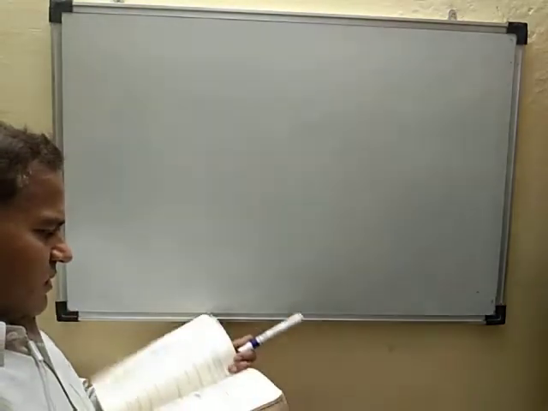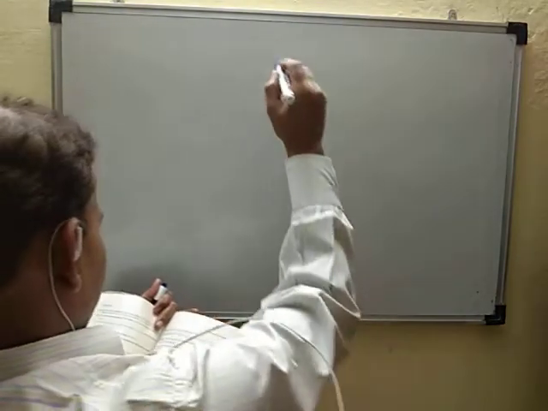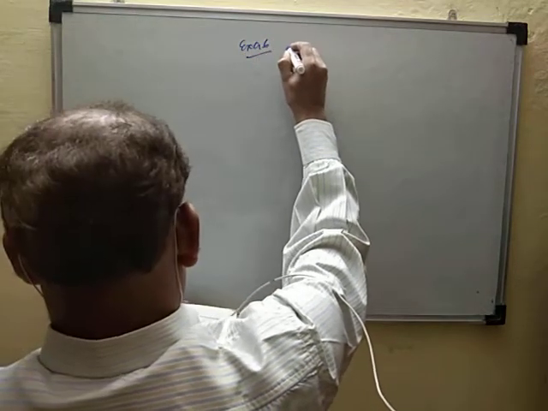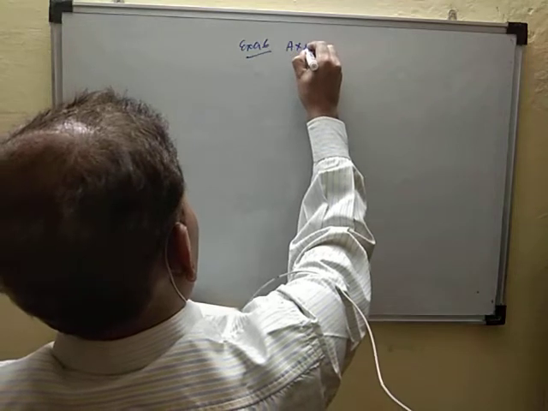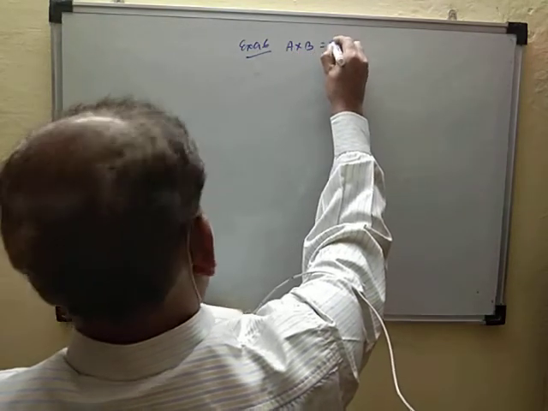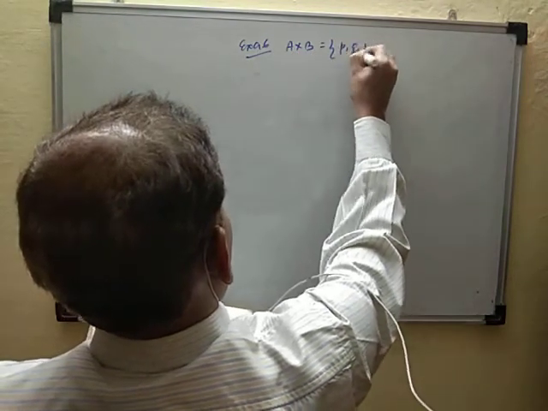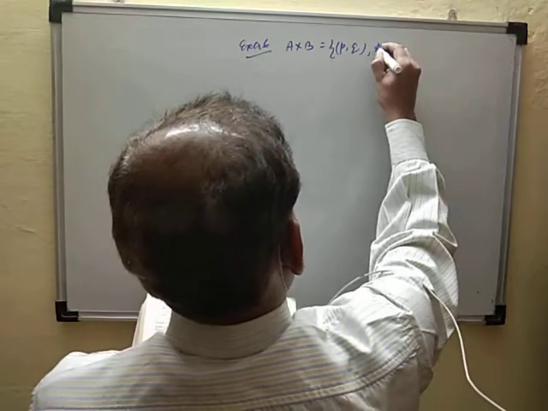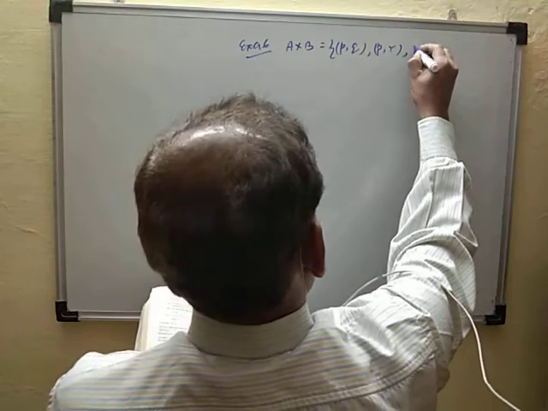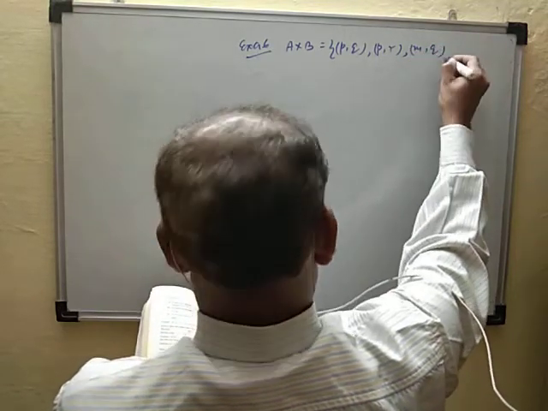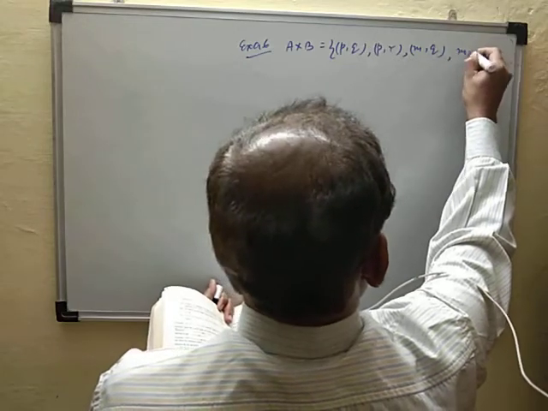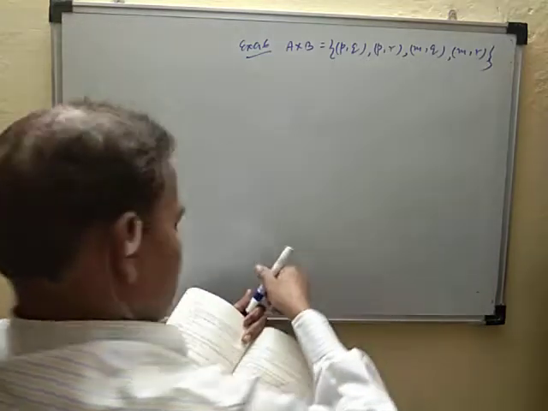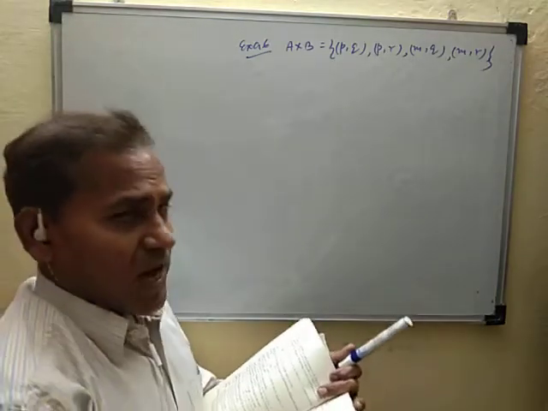Example 6 is, if A cross B is given as (P, Q), (P, R), (M, Q), (M, R). This element is given. The question is find A and B.